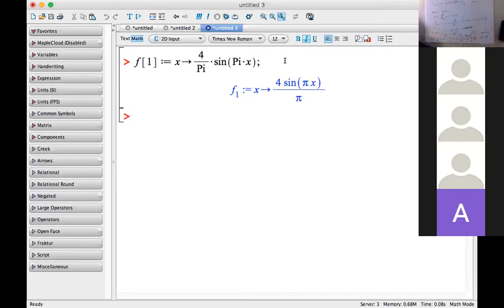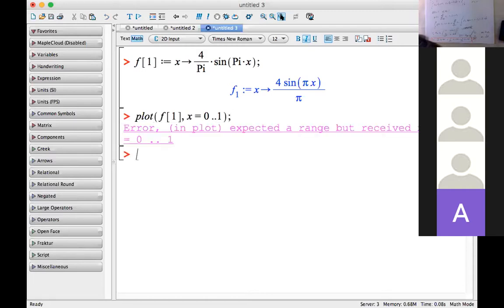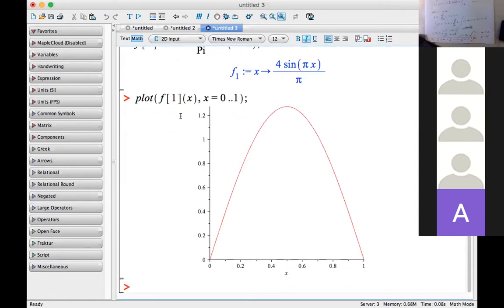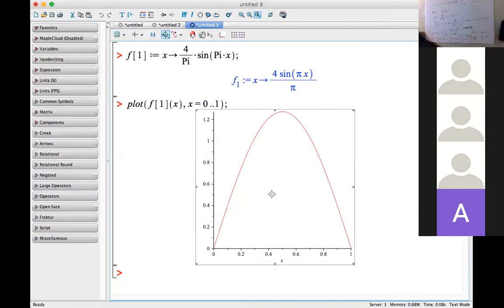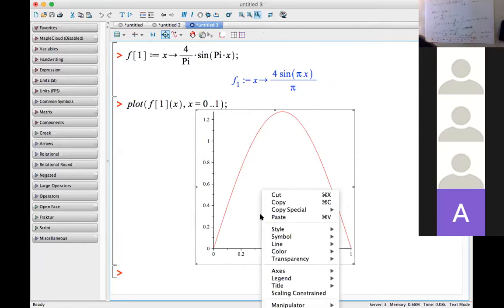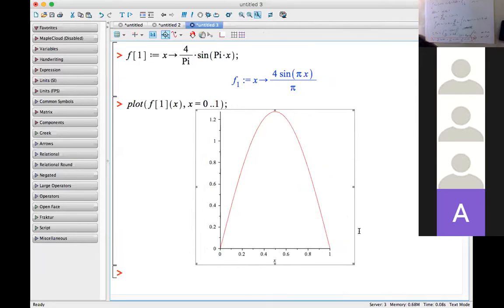And if I plot f1 of x from 0 to 1, that's what it looks like. There, that's drawn to scale.